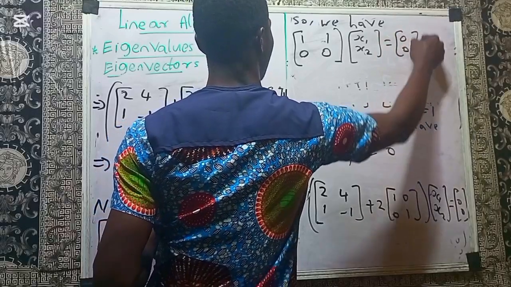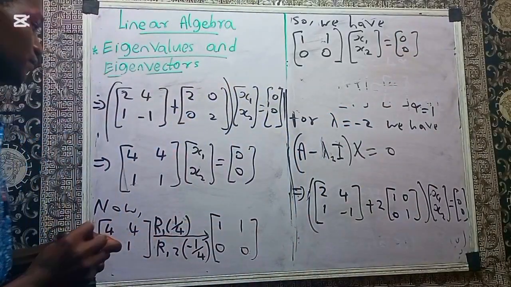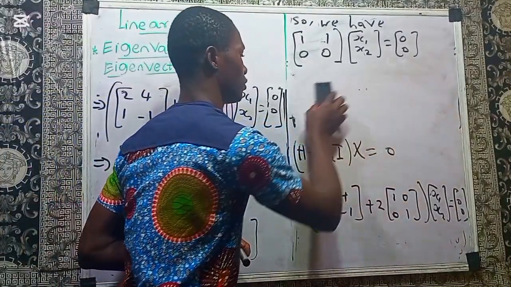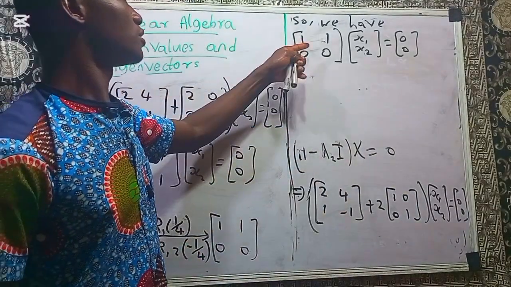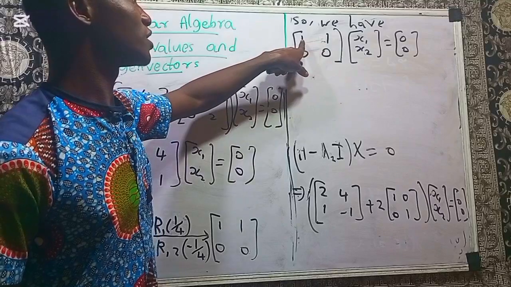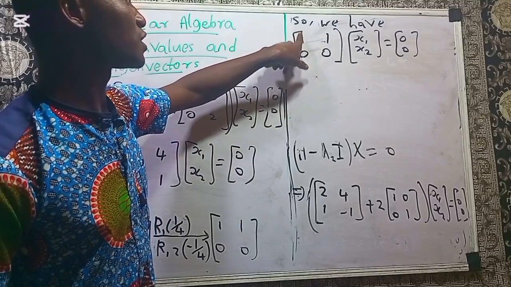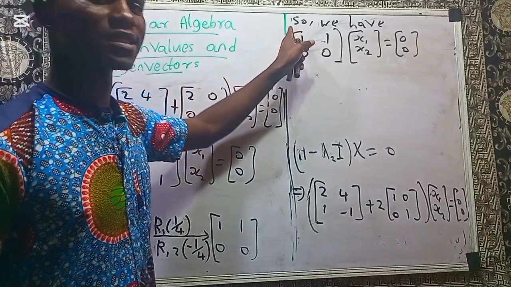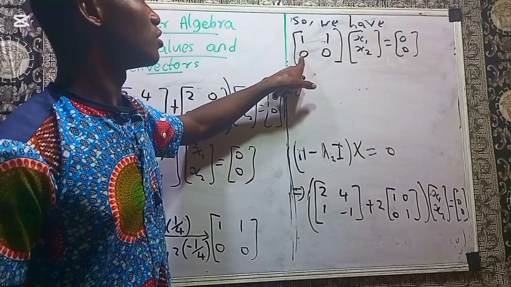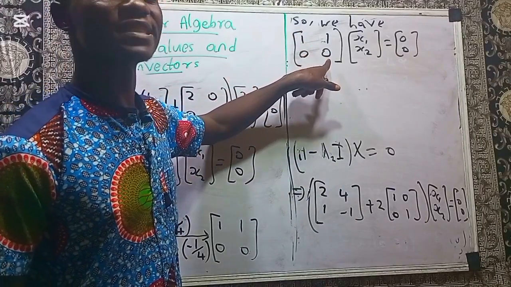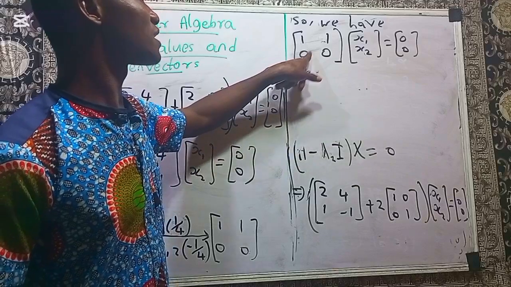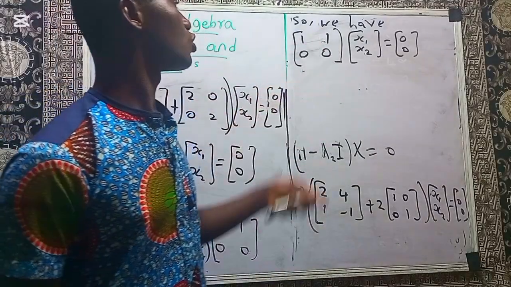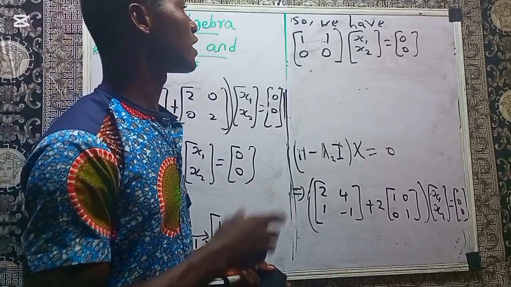So once I've done that, the next thing is to check whether each column has a leading entry of a row. The leading entry of row 1, which is the first non-zero number in row 1, is this positive 1. It's located at column 1, which means that column 1 has a leading entry of row 1. In row 2, there are zeros throughout, so column 2 does not have a leading entry of any row.